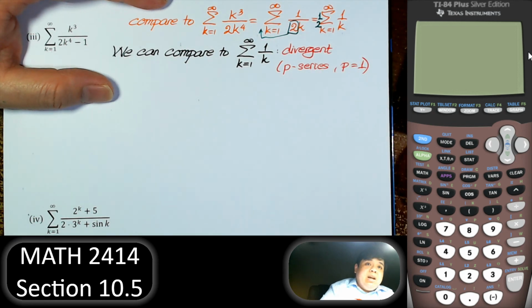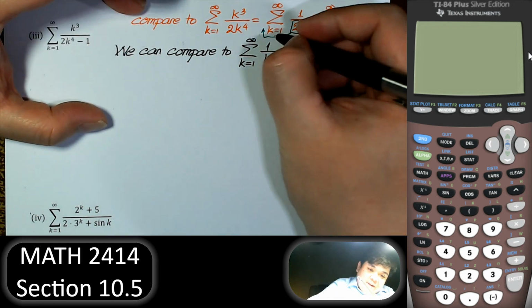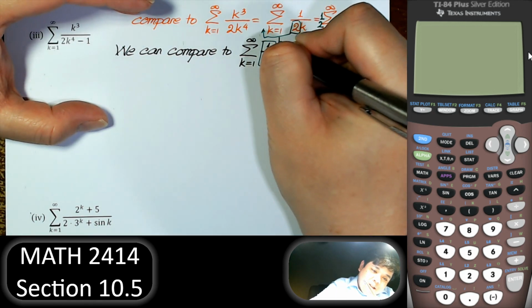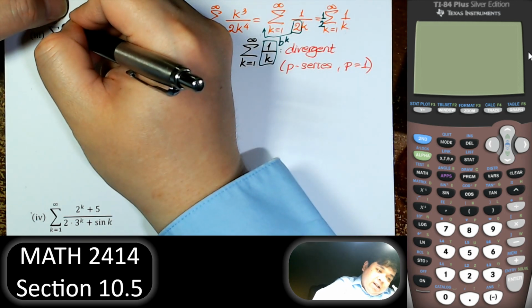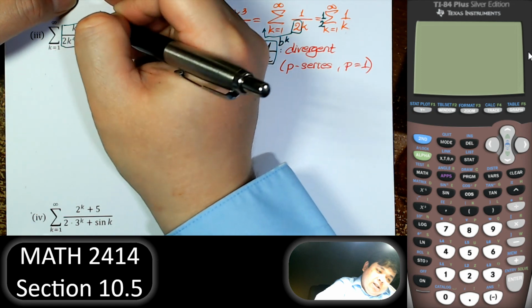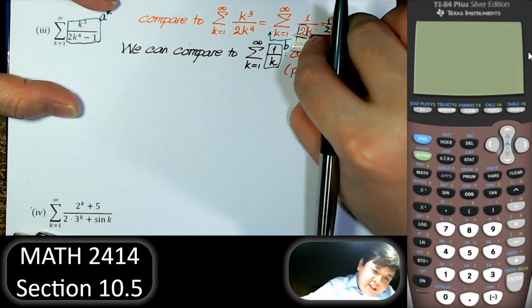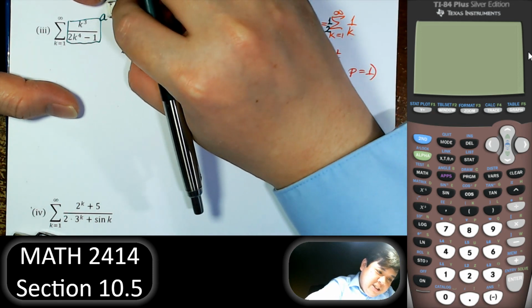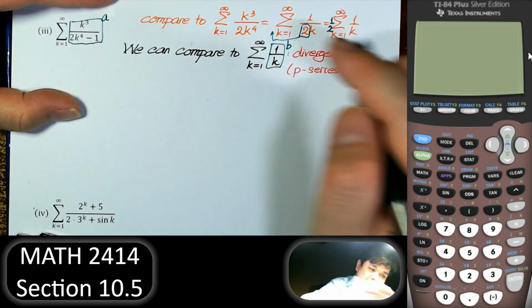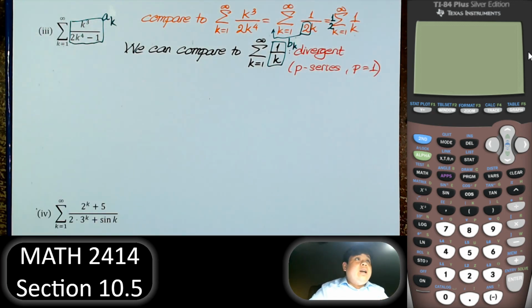Anything with p less than or equal to 1 is divergent. Right. And this is b sub k, and that is a sub k. Right. Then we'll take the ratio.